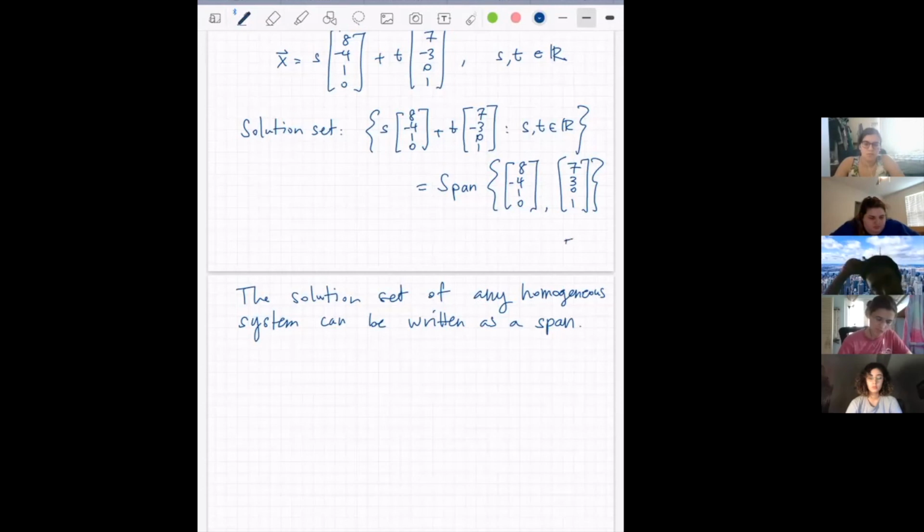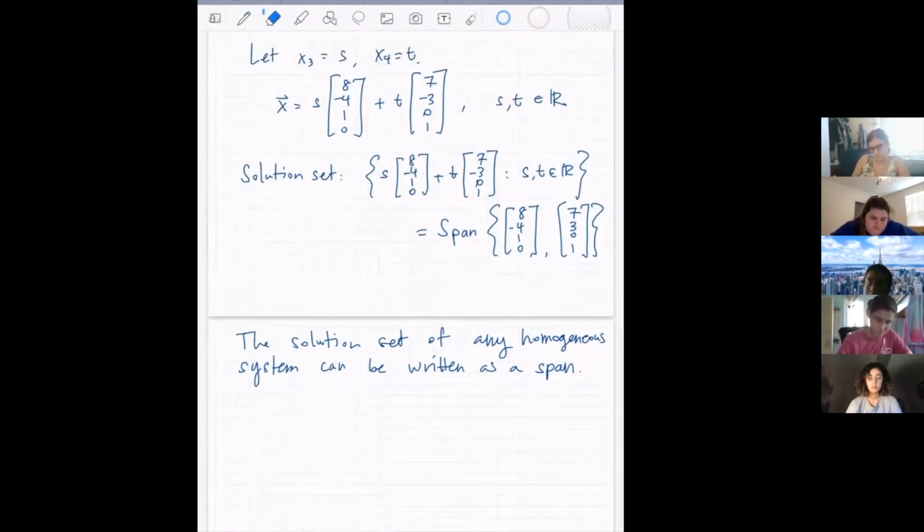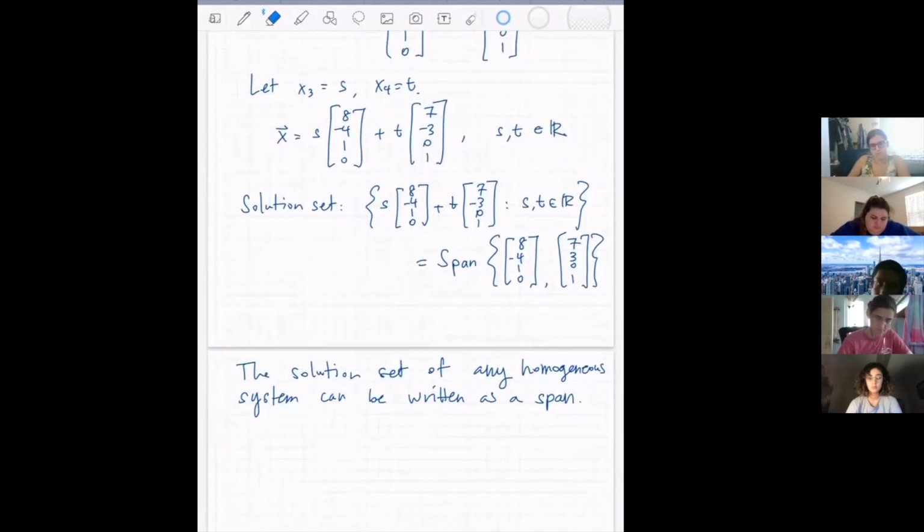Do we need to do something to indicate that the first vector corresponds to x3 and the second vector corresponds to x4? No, you don't actually need to. When we let x3 equal s and x4 equal t, we're forgetting about the fact that these corresponded to a particular variable.